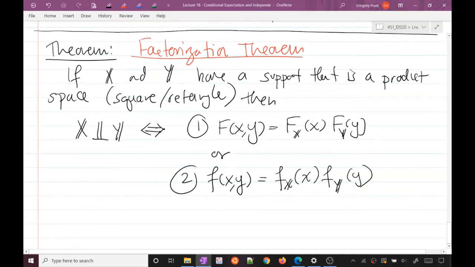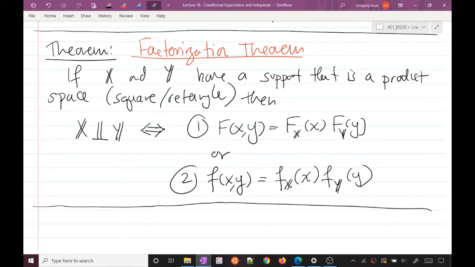And it says, instead of having to check every possible subset, all I have to do is verify two things. One, the support is a product space, either square or rectangle. And then two, either I can factor the joint CDF as the product of the marginal CDFs, or I can factor the joint PMF as a product of the marginal PMFs. If I can verify those, then x is independent of y, if and only if.